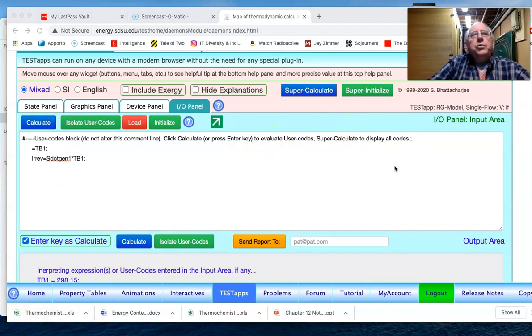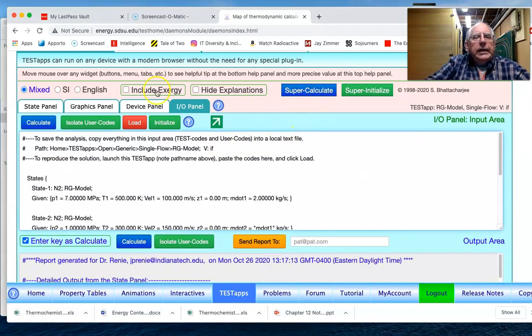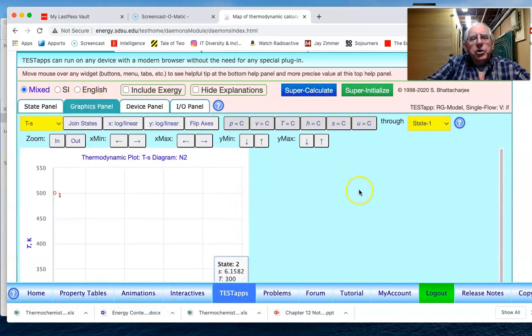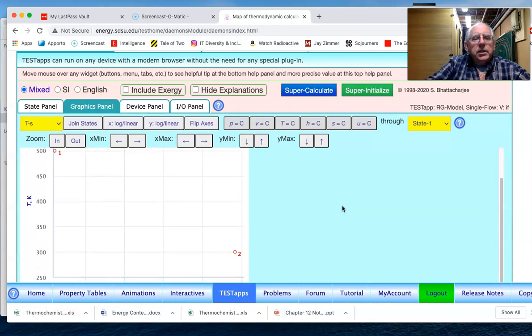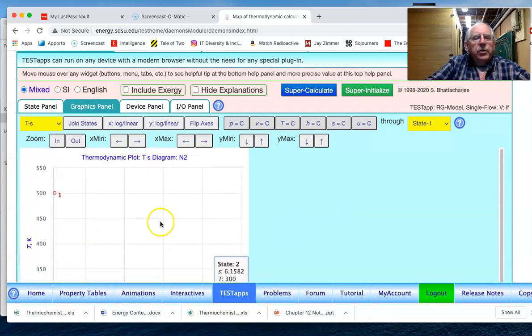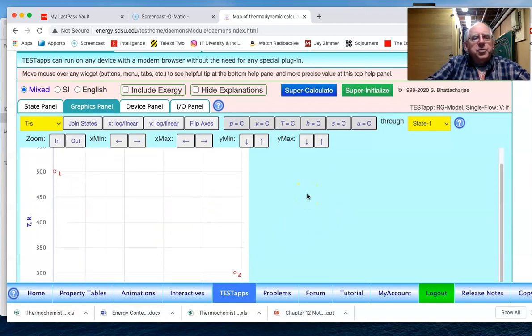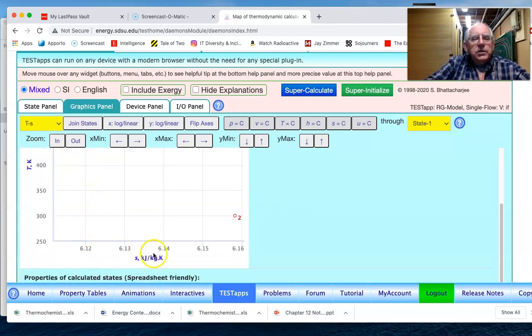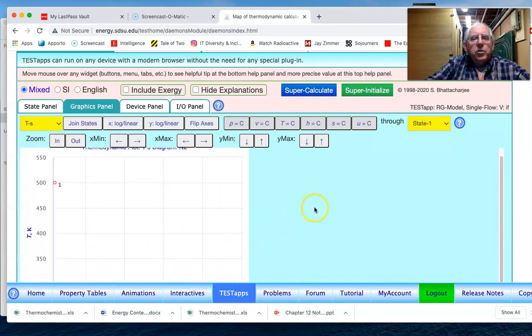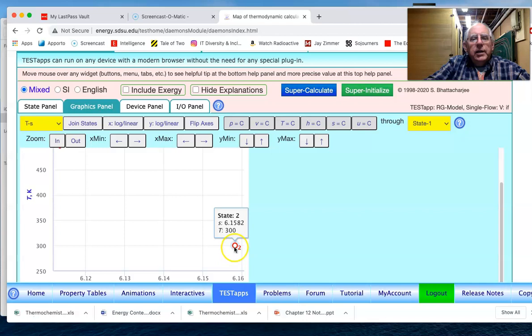Okay, just to highlight the irreversibility, I want to do a super calculate here and go back to the device panel. What I want to show you in the device panel is the two entropy values. This is the incoming entropy at state 1, and we see that it's increasing to state 2, the outgoing entropy.